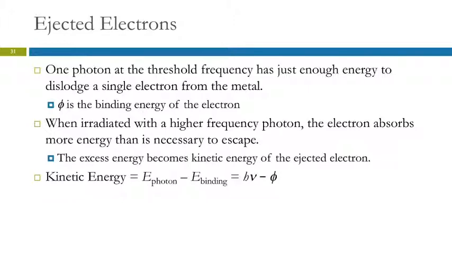In order to kick that electron out, the photon has to have that much energy, just enough to get rid of it. If we bring in a photon with more energy, you've got the energy of the photon, and you subtract the binding energy, the amount of energy needed to kick out the electron, and you've got some extra energy. That extra energy becomes kinetic energy of the ejected electron.